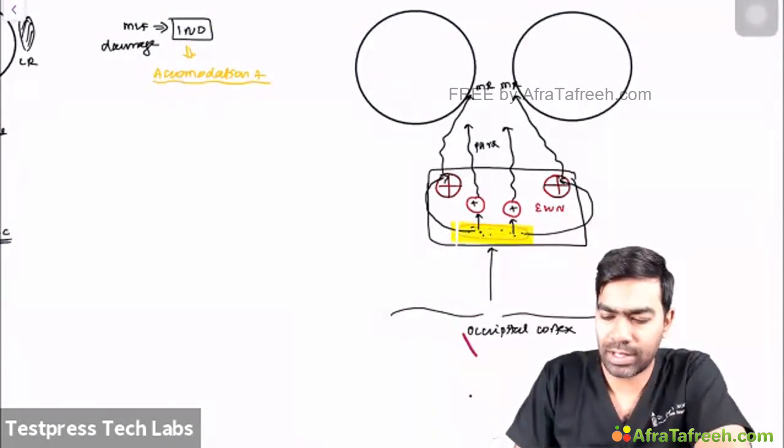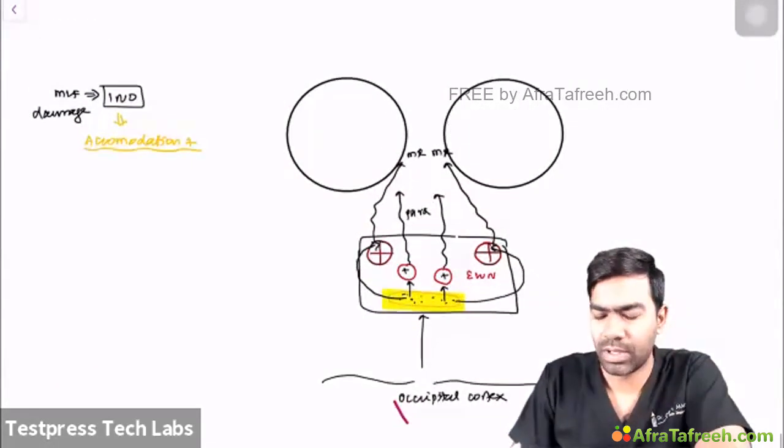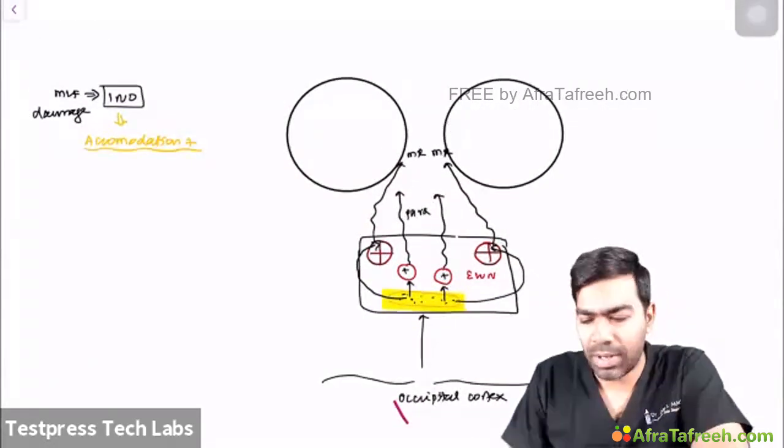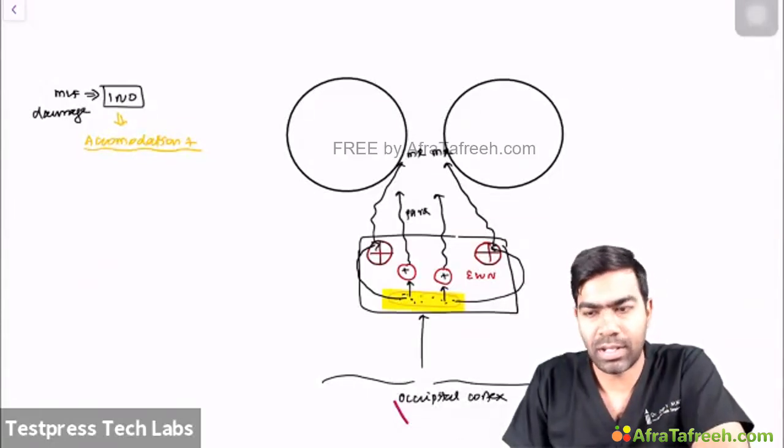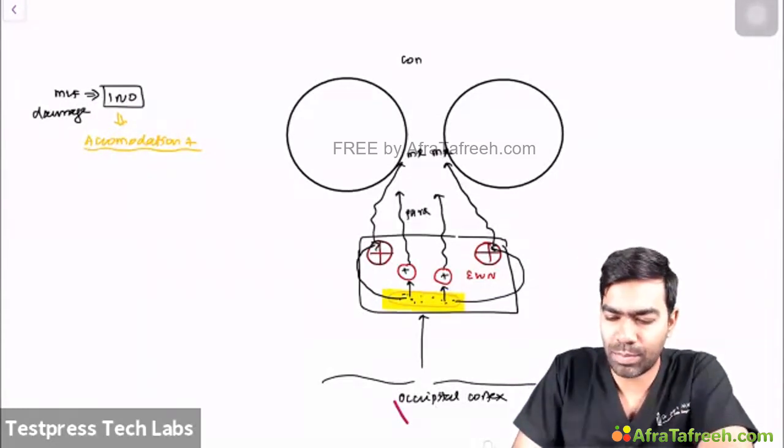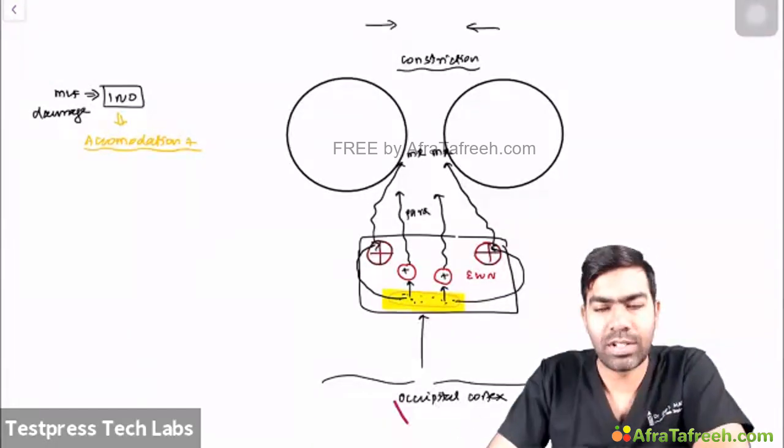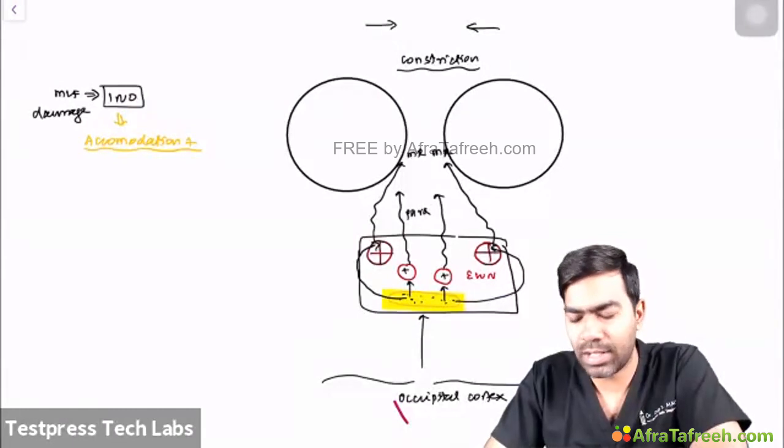Ideally speaking, this pathway has nothing to do with your MLF pathway, conjugate eye movement. It's a completely different pathway because both sides' parasympathetic pathways are stimulated, resulting in constriction of the pupil. Because both medial recti are stimulated, you get convergence of the eyeballs.